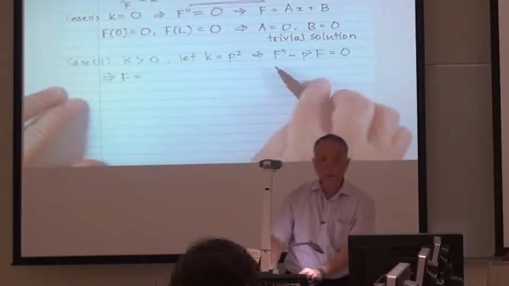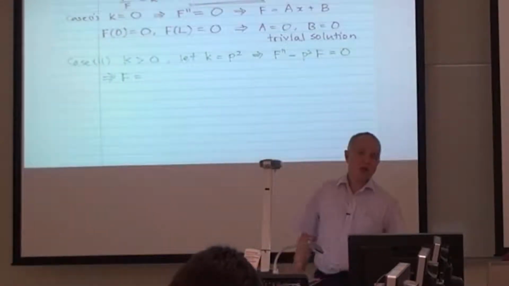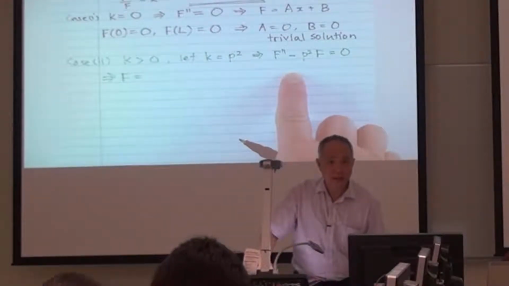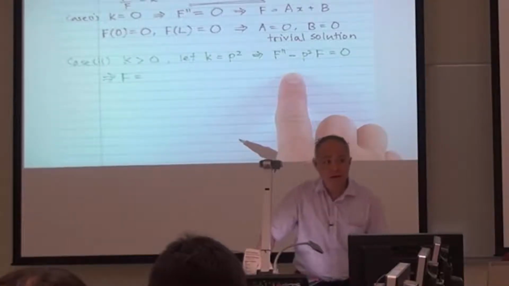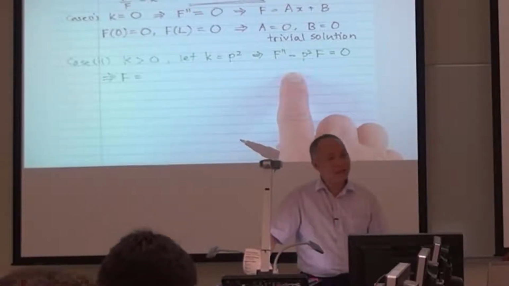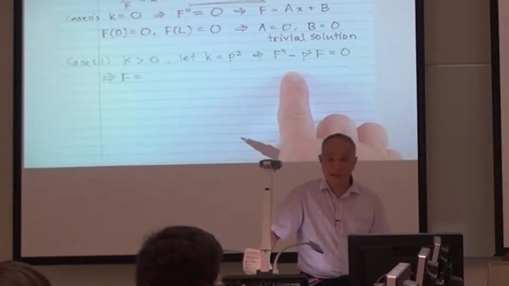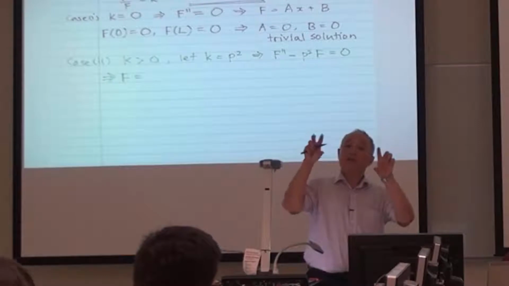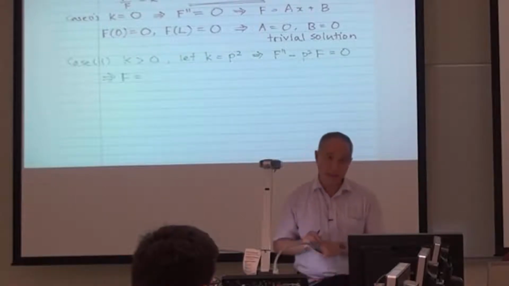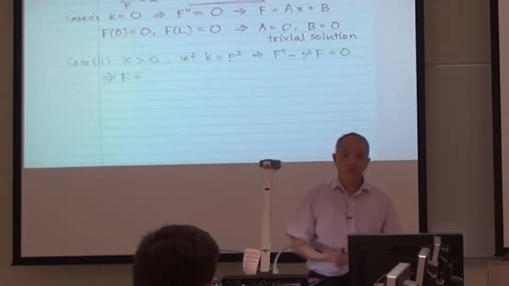If you solve F double prime minus p square F equals 0, you can use your characteristic equation, etc. Then you will probably think that you get e to the px, e to the negative px, correct? But if you express your solution as exponential functions, you find that it's harder to analyze. So I'm going to give you an equivalent solution in terms of hyperbolic functions.